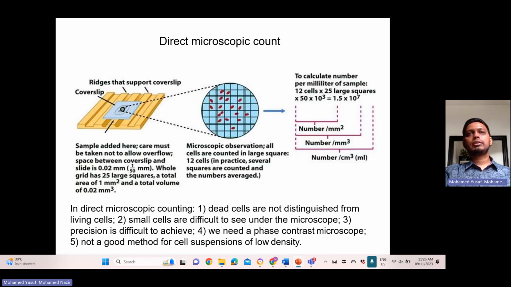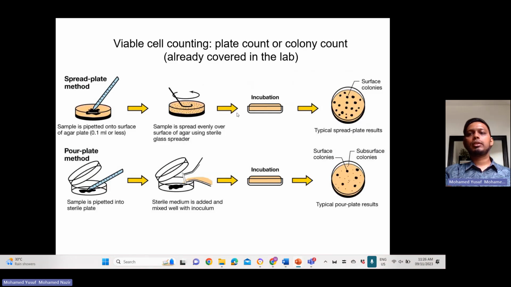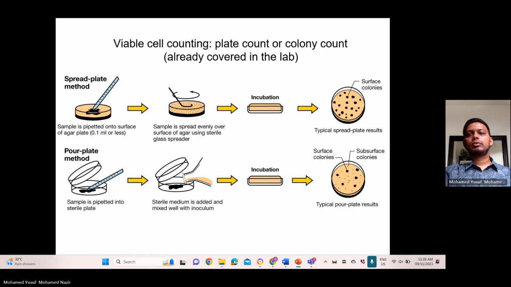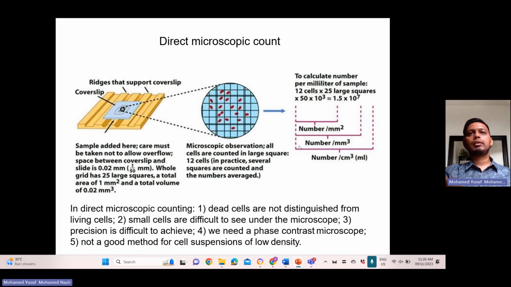So this is another way to measure the microbial growth by using a microscopic count. This is a hemocytometer, where you can calculate the number of cells within this grid, and from the number of cells that we counted in this grid, we can calculate how many cells there are.